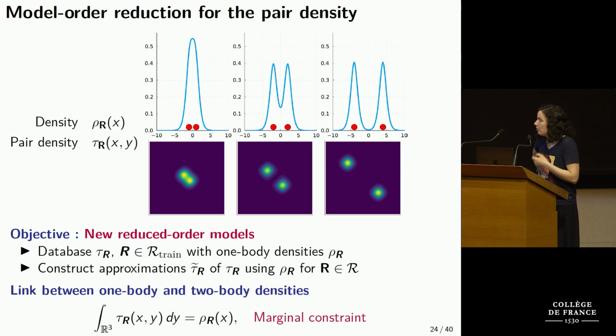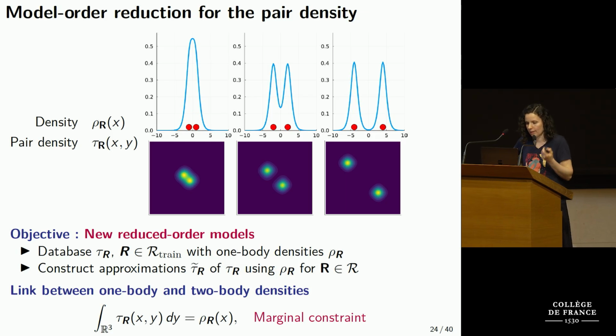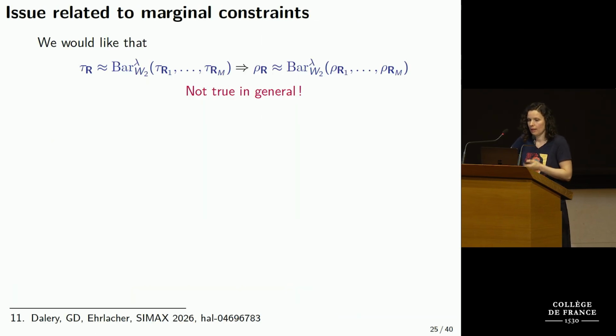And so, as I said at the beginning of my talk, there is a link between these one-body and two-body densities, which is that the marginal of the two-body density is the one-body density. So there is some marginal constraint. And so what we thought is that we will approximate this pair density as a Wasserstein barycenter or modified Wasserstein barycenter of selected pair densities.